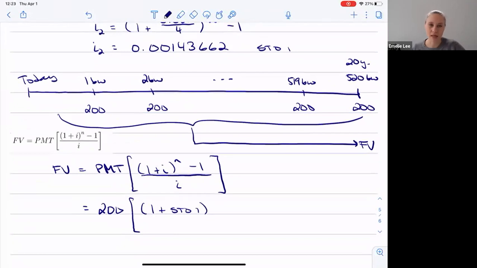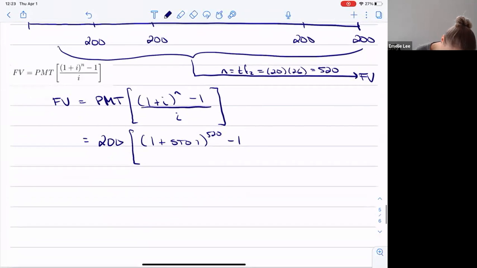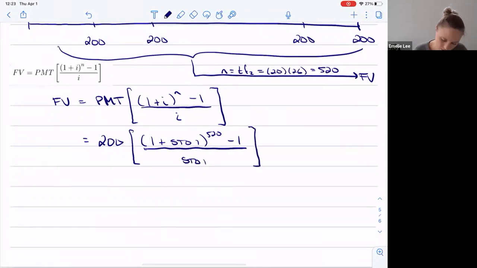N is the number of payments, which is 520. Oh, and I forgot to do that here. N is time times F2, which is 20 times 26, which is 520. Just for completeness. So to the power of 520 minus 1 over store 1, or I guess I should write recall 1. Store 1's easier to write.